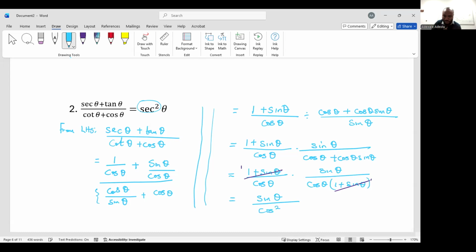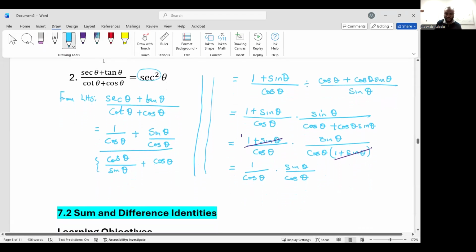Good, interesting. So we have sine of theta divided by cosine squared of theta. Or maybe I could see something. Let me show you what I saw. I can say 1 over cosine of theta times sine theta over cosine of theta. Okay, I can do that.